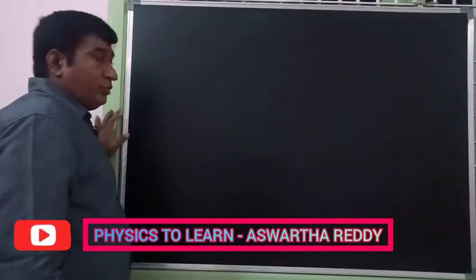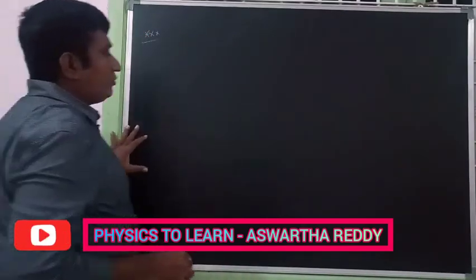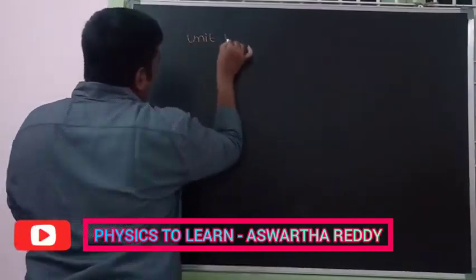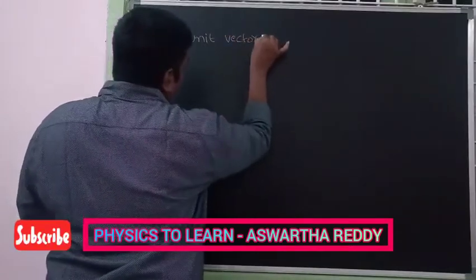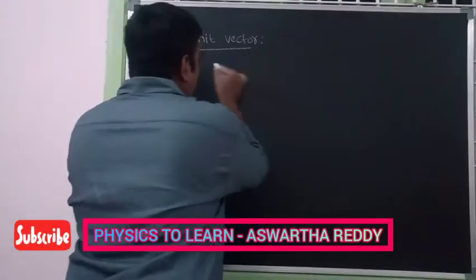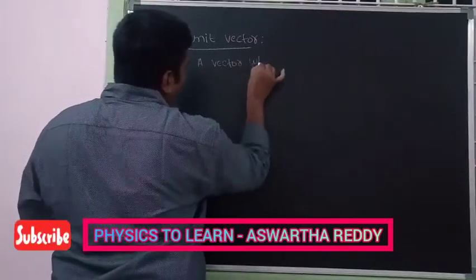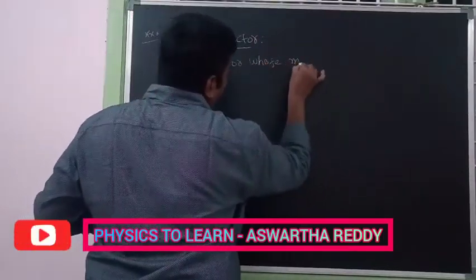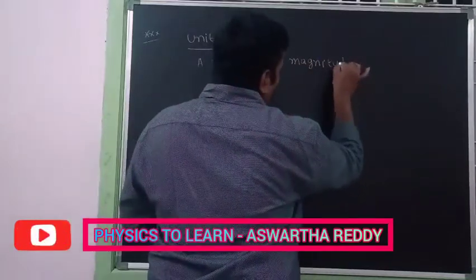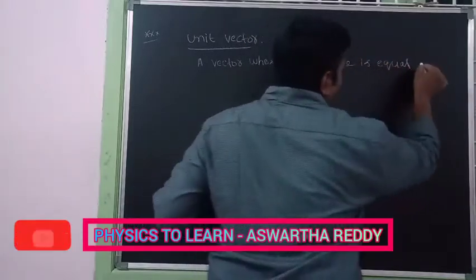This is one of the most important, and we use it in both class 11 and class 12: the unit vector. In the name itself, unit is given. A vector whose magnitude is equal to 1.